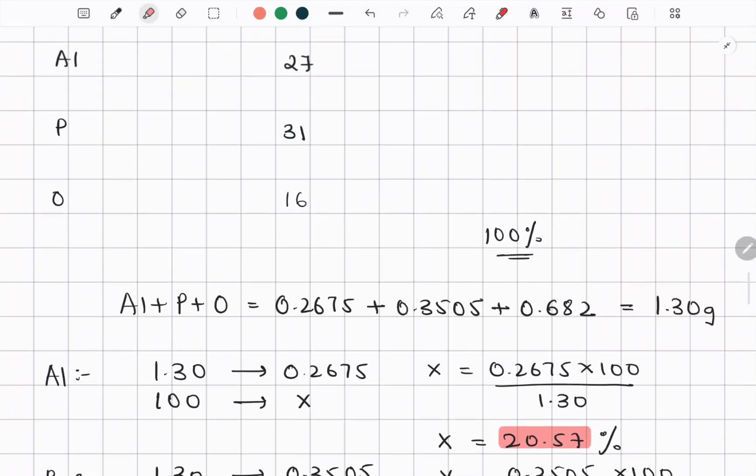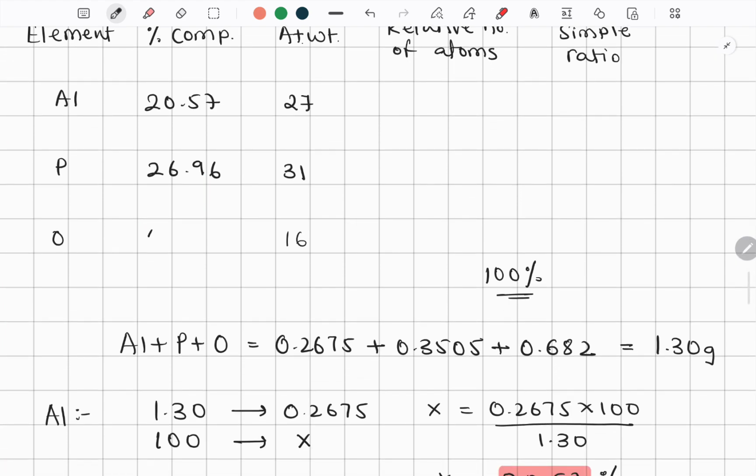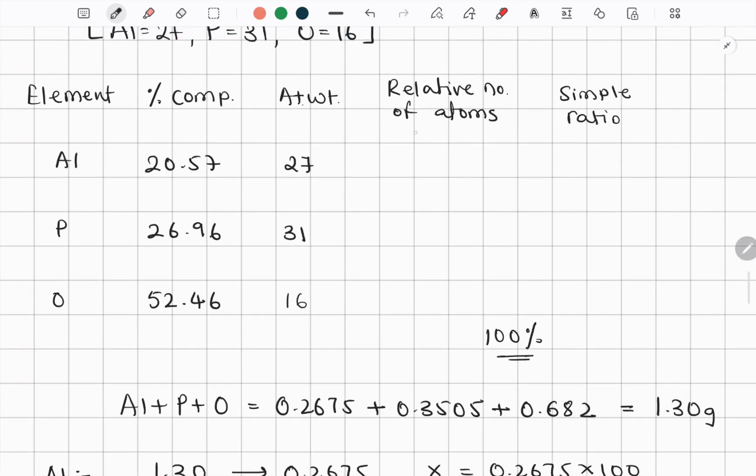Now let's substitute this percentage composition over here. Aluminium was 20.57, phosphorus was 26.96 percent, and oxygen was 52.46 percent. Now we know the percentage composition and the atomic weights as well. What do we have to do now? We have to calculate the relative number of atoms by dividing percentage composition by atomic weight.